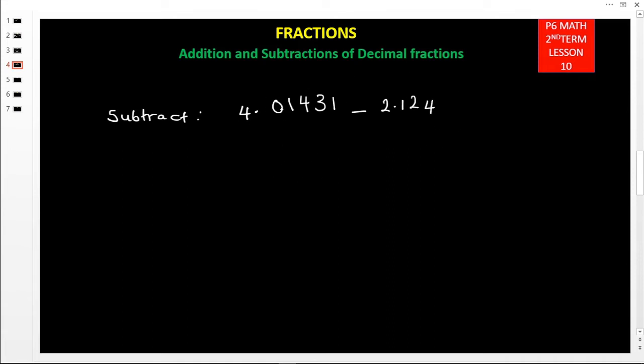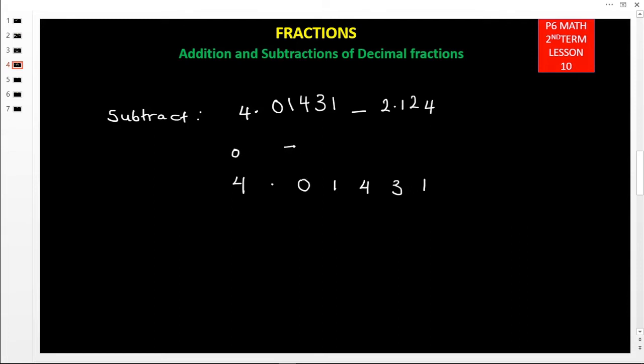Now this number is very big, but we have to give it place values. We start with this one, which is too long. We have our 4, which is a whole, then a 0, a 1, a 4, and a 3 and a 1. Now we give them place values. The 4 is a whole, so it's under ones.